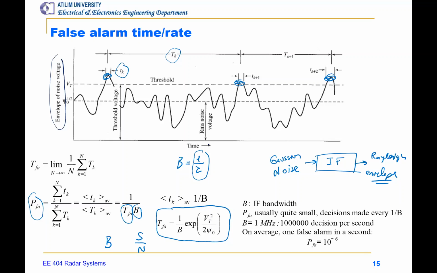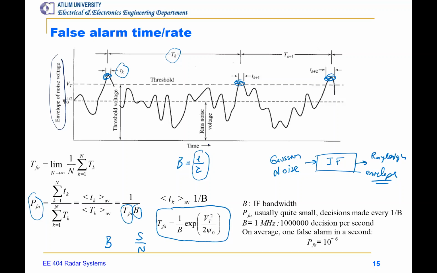Usually, probability of false alarm is very, very small because that's expected, of course. If it is high, then we will get trouble with the radar. Usually, we talk about 10 to the minus 6, 7, or 8, which is one out of every 1 million pulses, 1 million decisions. So we may get a false alarm out of every 1 million or 10 million pulses.